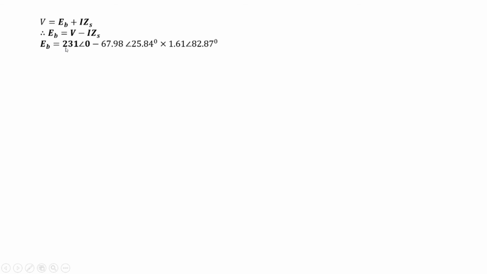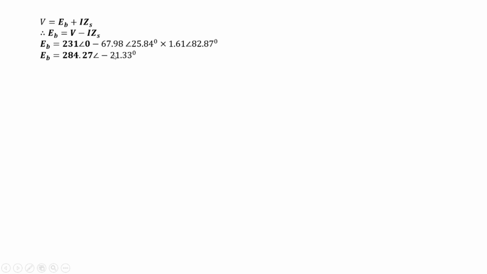Therefore V is equal to 231 angle 0, current is 67.98 angle 25.84 degree, and ZS is 1.61 angle 82.87 degree, and from this EB is obtained as 284.27 angle minus 21.33. As we discussed earlier, the angle obtained is negative in the case of a synchronous motor.